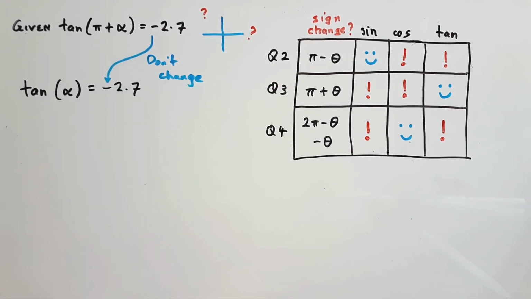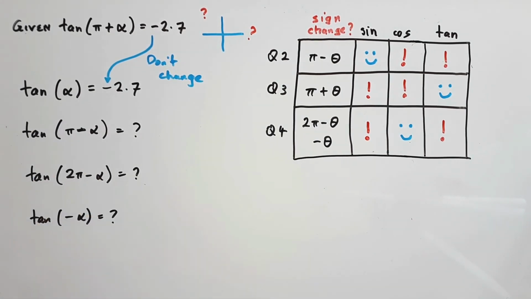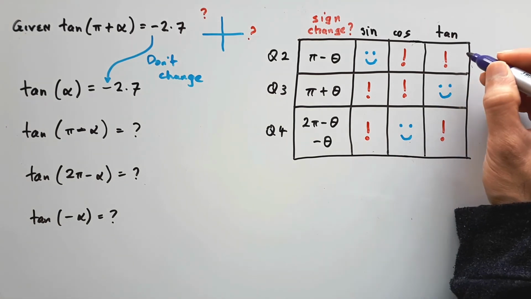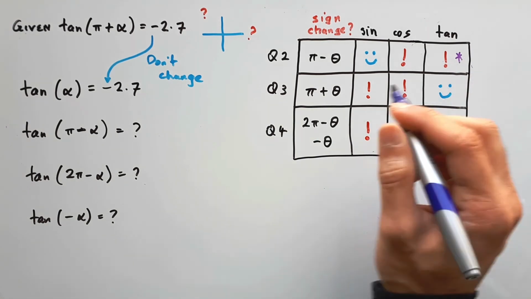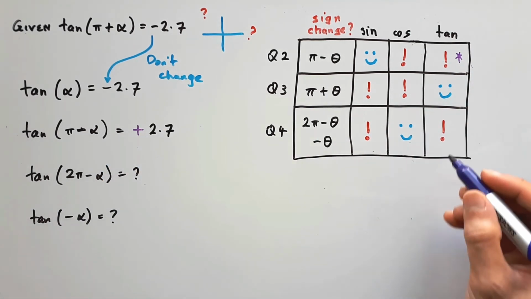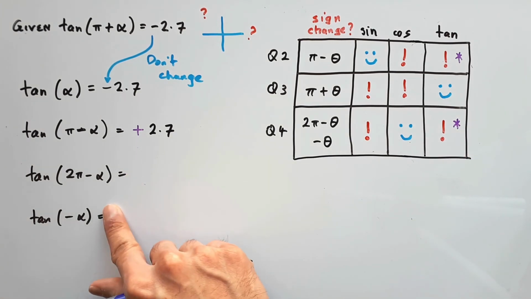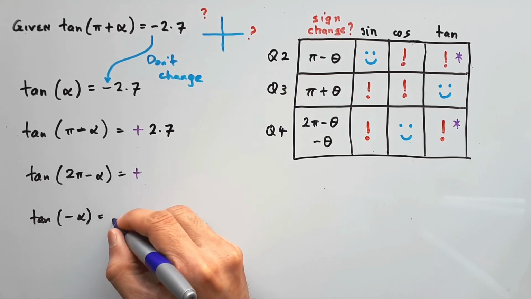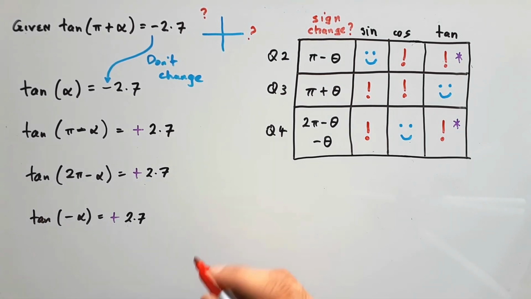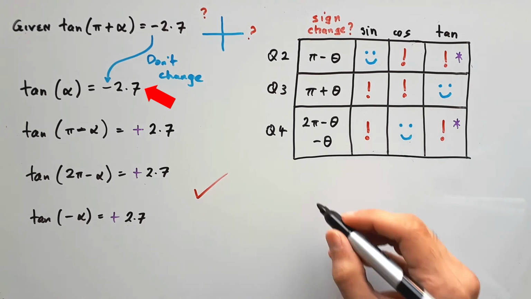Now that we have that, we can go ahead and find the rest. It looks like tangent pi minus alpha needs a sign change, so this becomes positive 2.7. Tangent 2 pi minus alpha, or tangent negative alpha, also needs a sign change, so they are both positive 2.7 as well. Done.